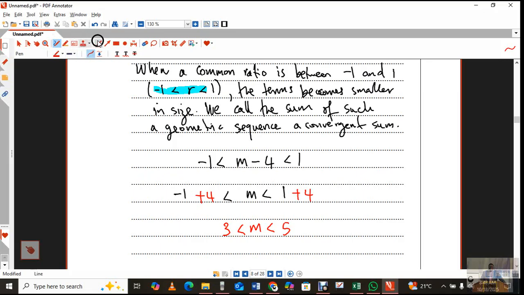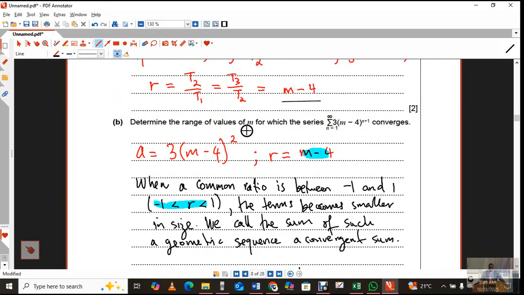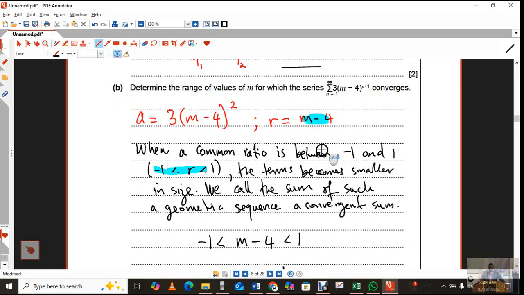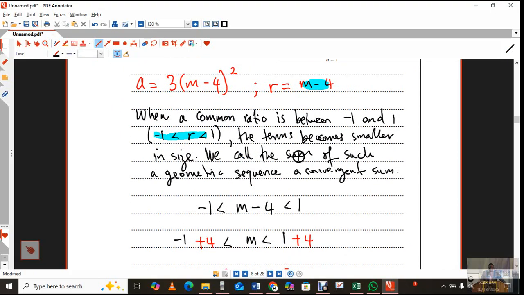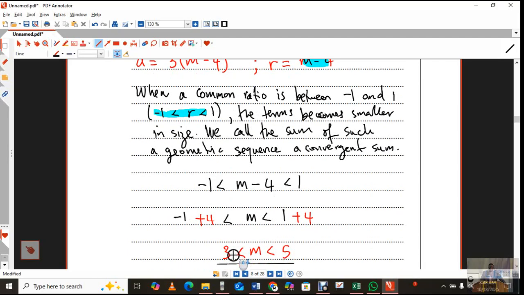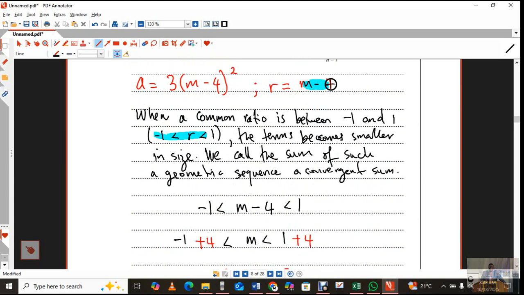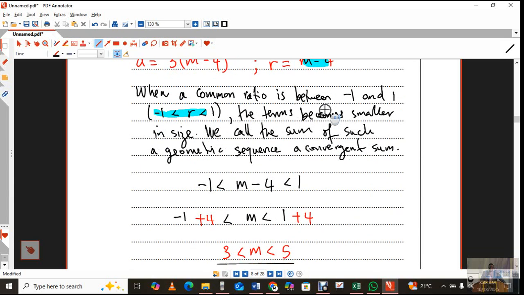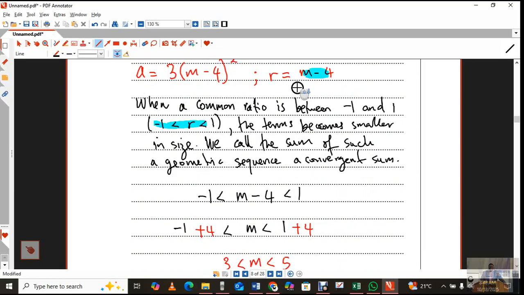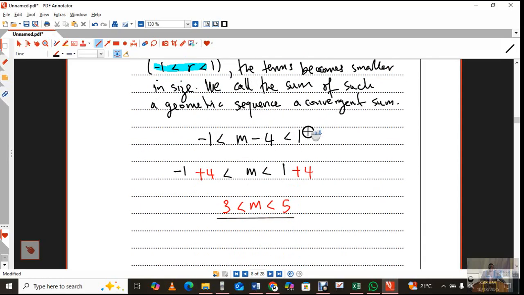And that is the solution. They are asking what are the ranges of m for which this is going to be. Now, m in itself will be a number that is between 3 and 5, because if it's 3 here, this becomes -1. If it's 5 here, this becomes 1. That's what we are looking for. All right?